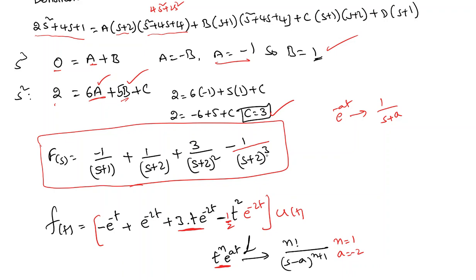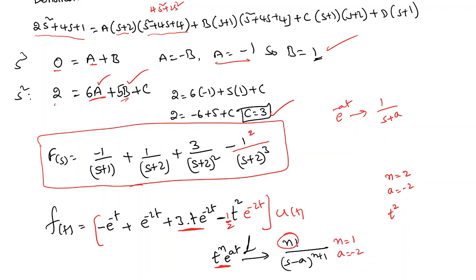Now here I have (s + 2) cubed, so here n equal to 2 and a equal to minus 2. So to write this, t to the power of n is nothing but t², and I have to have n factorial in the numerator.